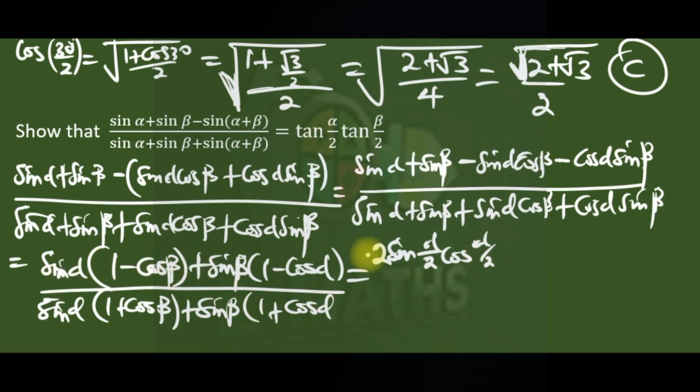That's for this, times 1 minus cos beta, which is 2 sine squared half beta.